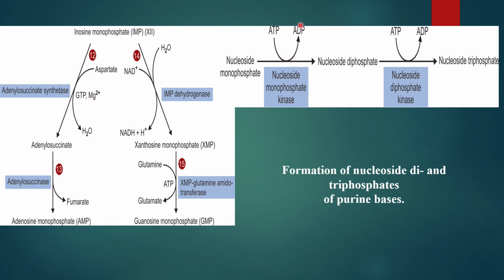One ATP is used here and phosphate is added here and it converts into the concerned diphosphate. So GDP or XDP can be formed. Further from GDP to GTP. So this is how there is a synthesis from monophosphate to diphosphate and further to triphosphate.